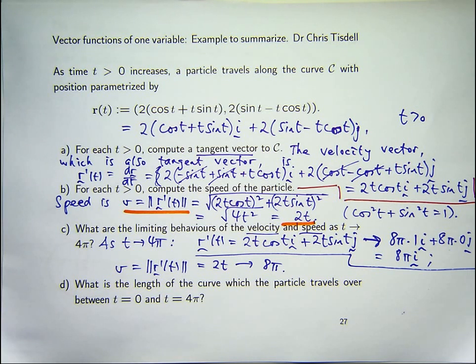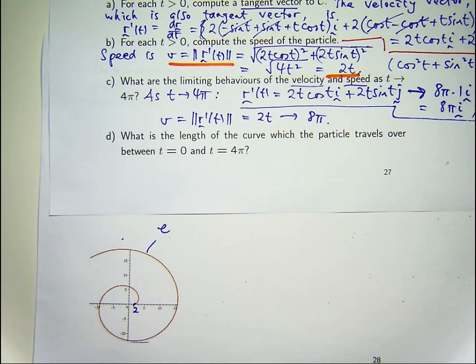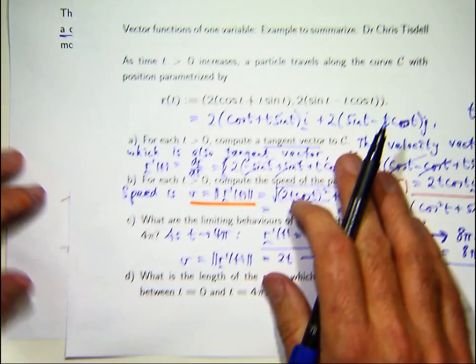Now the last question, what is the length of the curve which the particle travels over between t equals 0 and t equals 4 pi? I haven't drawn the whole curve in, but what is the length of that curve? Well, we use our arc length formula.